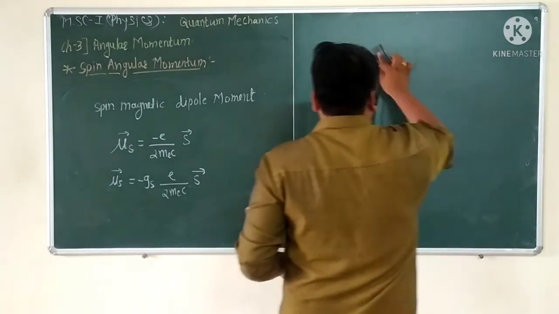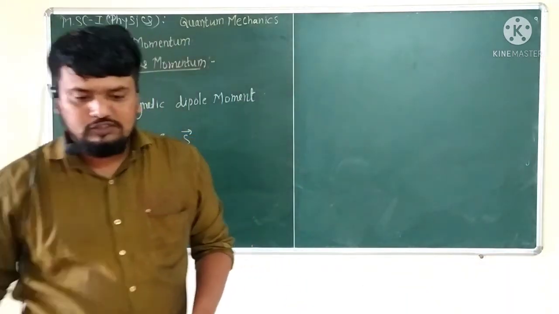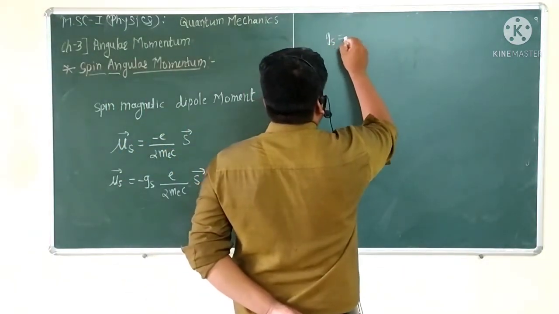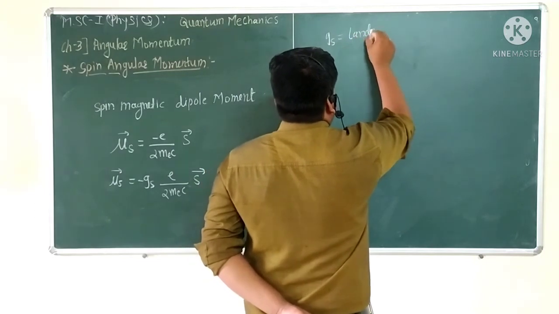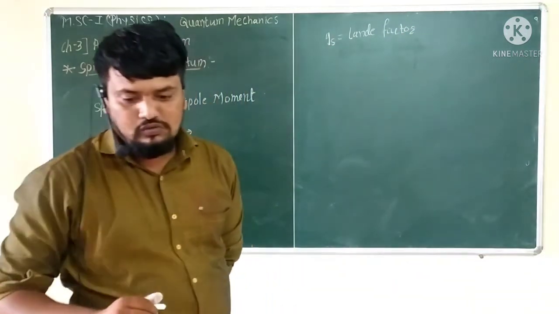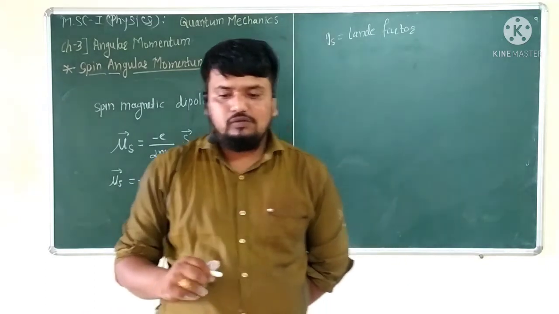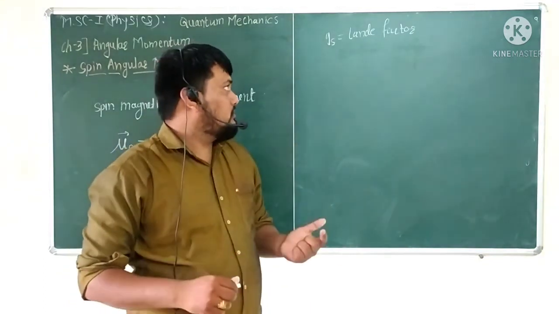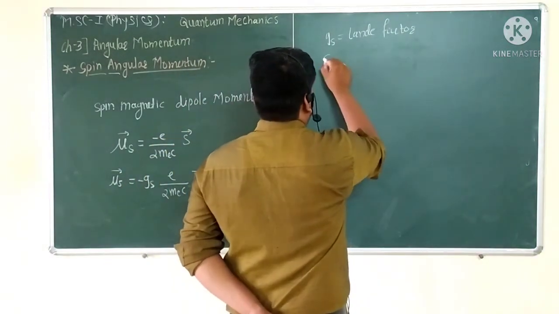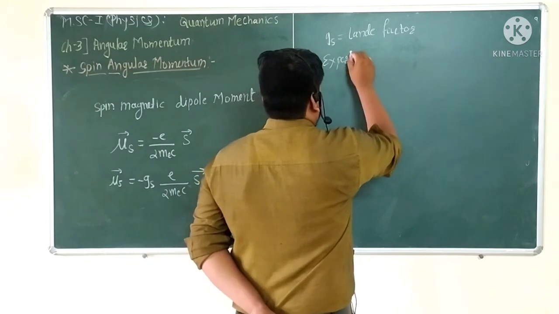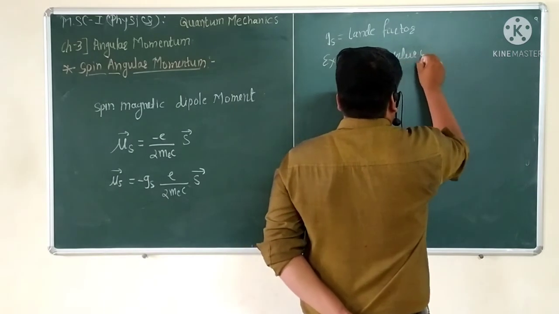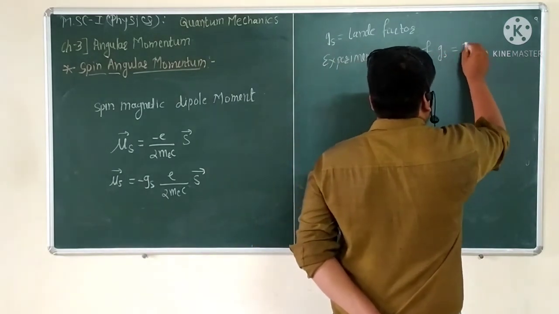So gs is the Landé factor, which is considered as the gyromagnetic ratio, and this gs value is the experimental value. The experimental value of gs is 2.